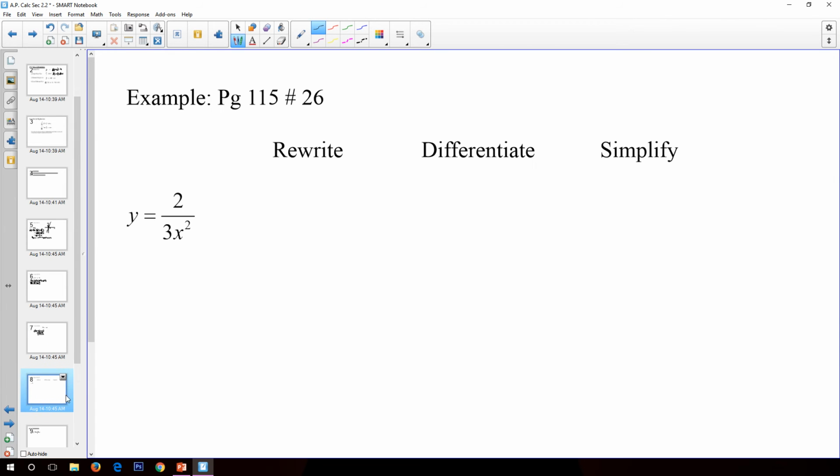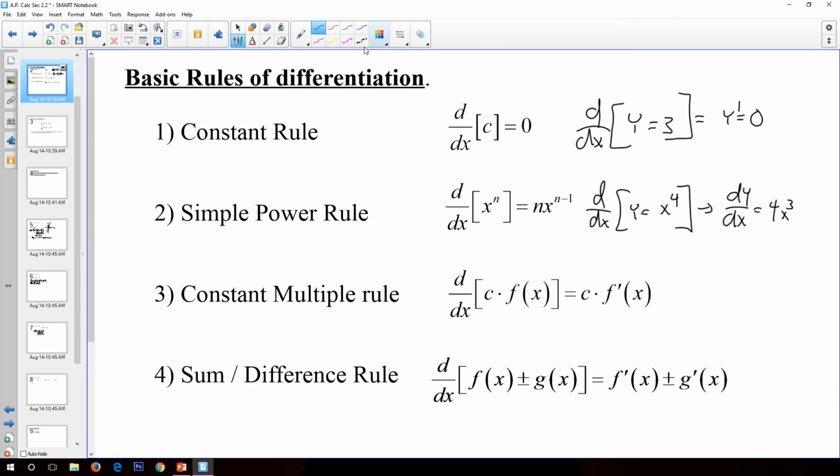All right, here now in this one we have a little bit of difference, and they want us to rewrite, differentiate, and simplify. Why? Because we need to rewrite this function so that it fits one of these basic rules of differentiation.